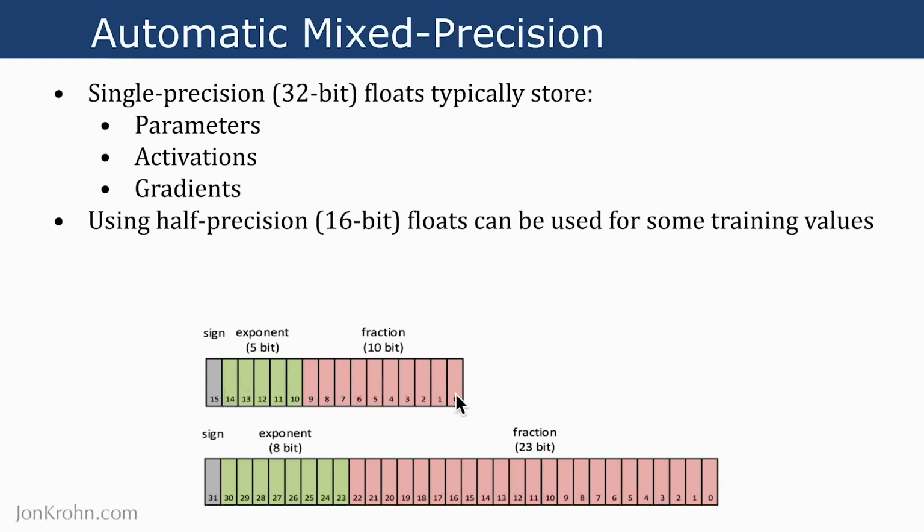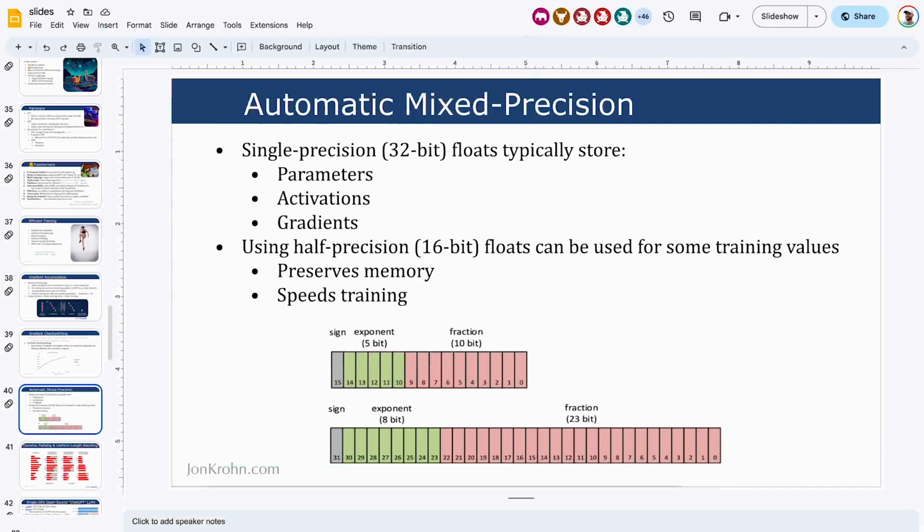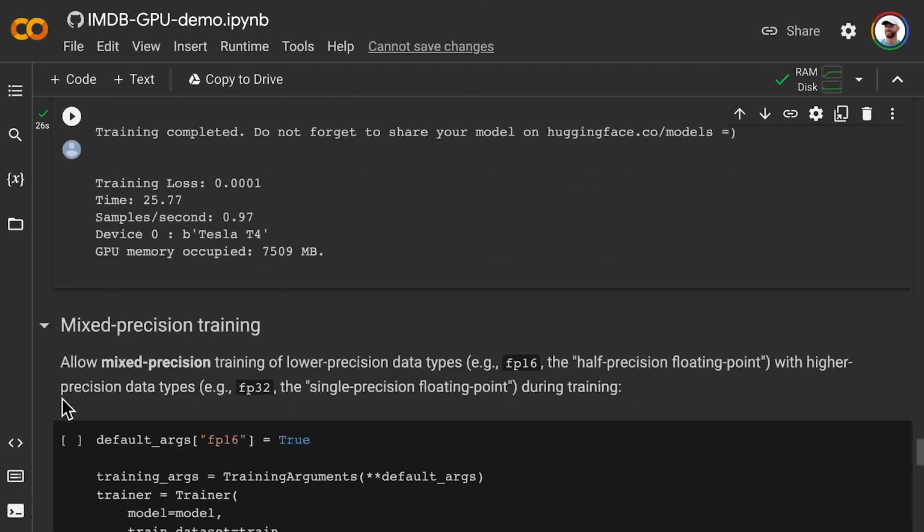And so it's half the size. It requires half the compute to process. This preserves memory and speeds training. Automatic mixed precision means that it automatically figures out what kinds of circumstances we can be dropping to the half precision and what circumstances we should be sticking with the full precision because we'll need it. So that sounds really efficient.